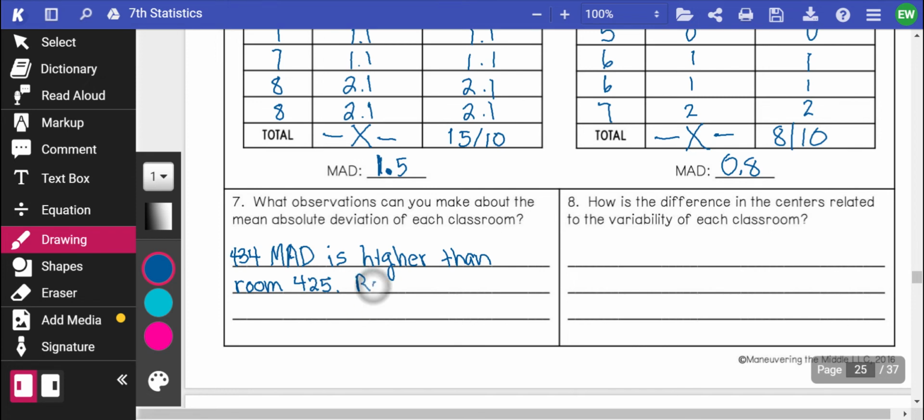So room 425 has data closer to the mean.